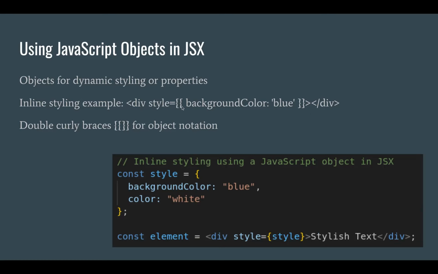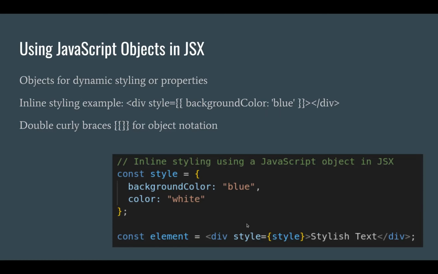But since we are inside JSX, we need to wrap that object in another set of curly braces. As you can see here, like div style, there will be two curly braces. So it might look a bit unusual at first with double curly braces, but it's a powerful feature that gives us fine-grained control over our component styling.